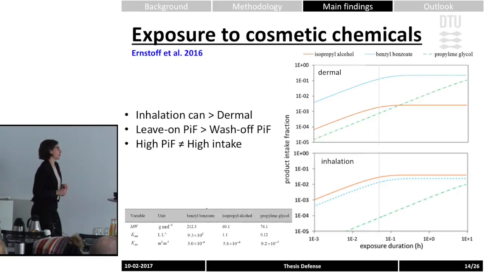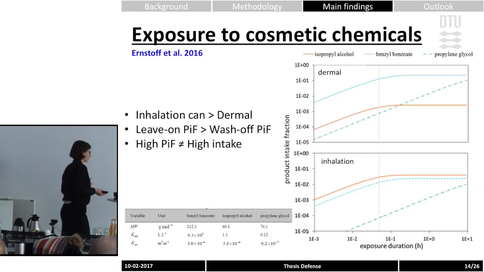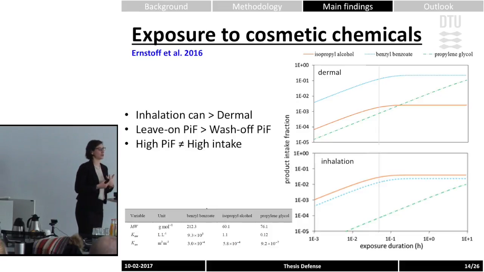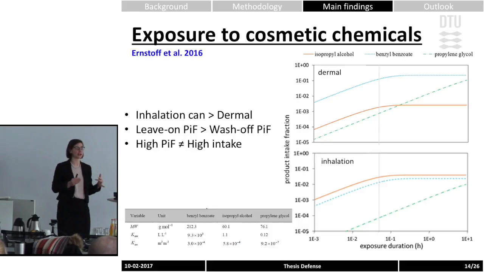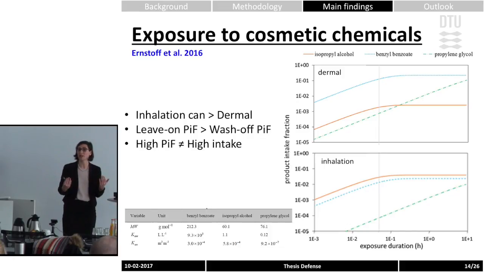It's also important to note that this was the first application of the product intake fraction, and we realized quite quickly that a high product intake fraction does not necessarily mean a high intake. Let's say, for example, that the product intake fraction is equal to 1, meaning 100% of the chemical is being taken in by the user or by people in the vicinity.